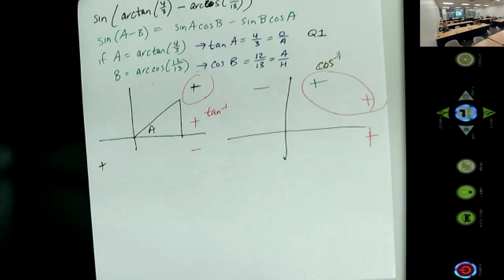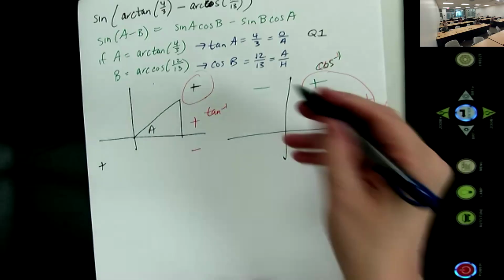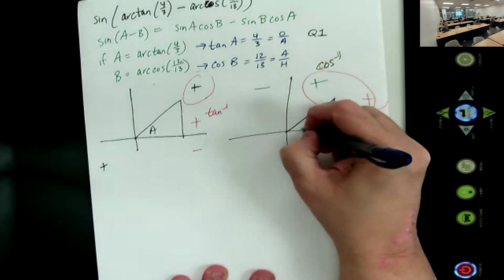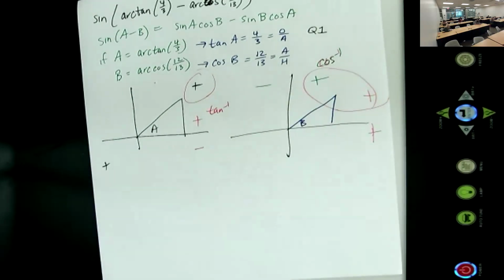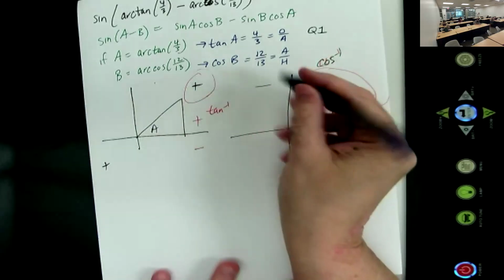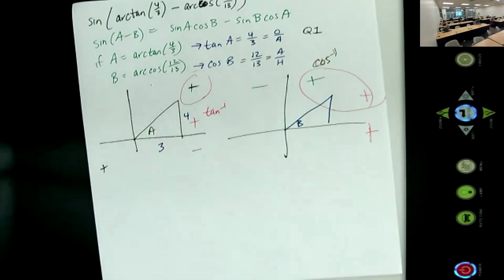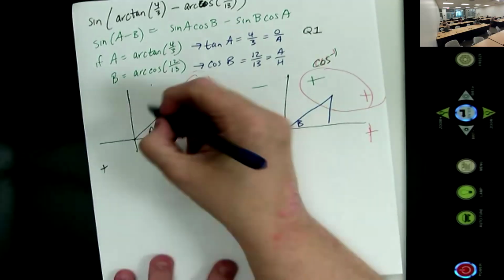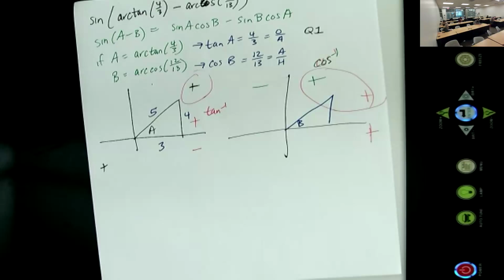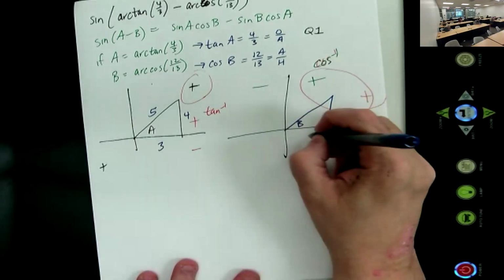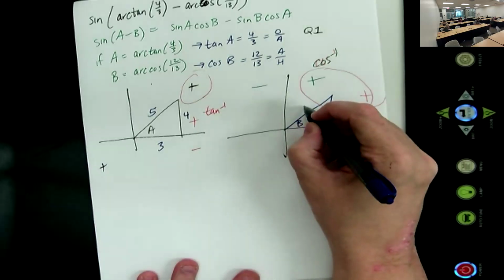So A is over here. And we said B is over here, so put my B triangle in. Opposite over adjacent, 4 over 3. We just had this, we had a 3, 4, 5 triangle, that's that. B is adjacent, which is 12, and the hypotenuse is 13.